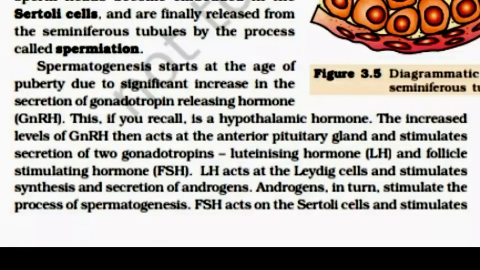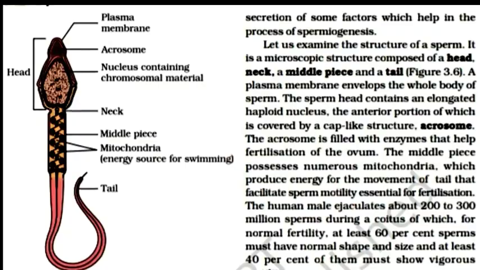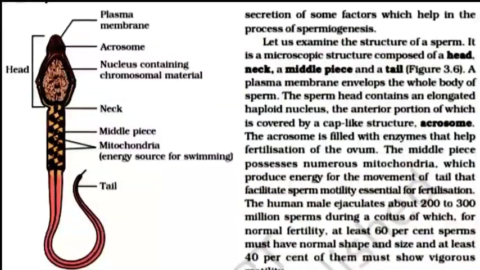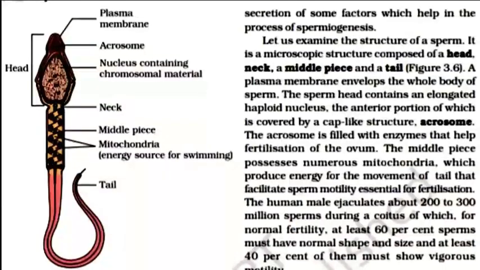LH acts at the Leydig cells and stimulates synthesis and secretion of androgens. Androgen in turn stimulates the process of spermatogenesis, and FSH acts on the Sertoli cells and stimulates secretion of some factors which help in the process of spermatogenesis.